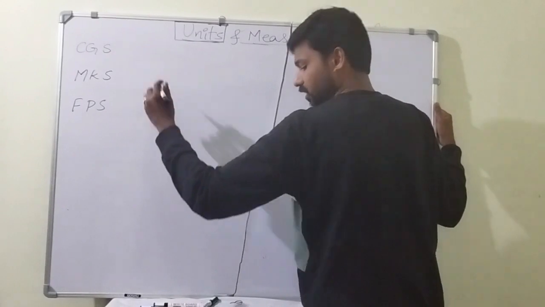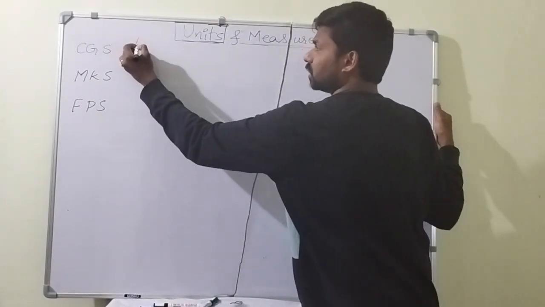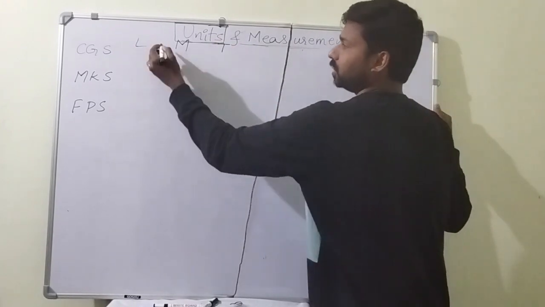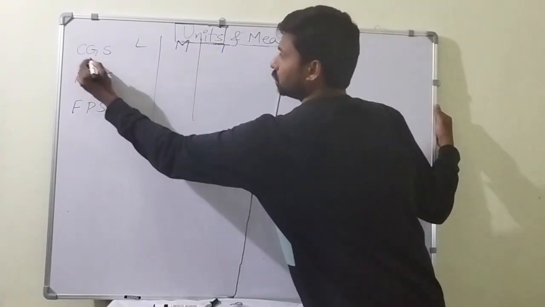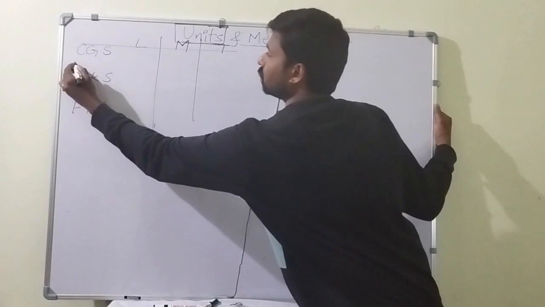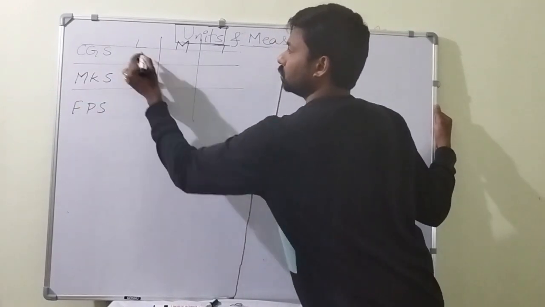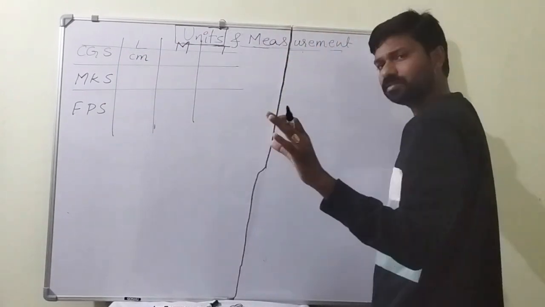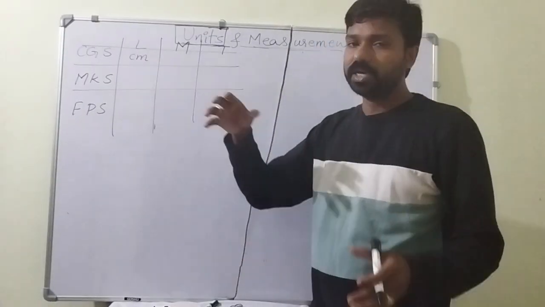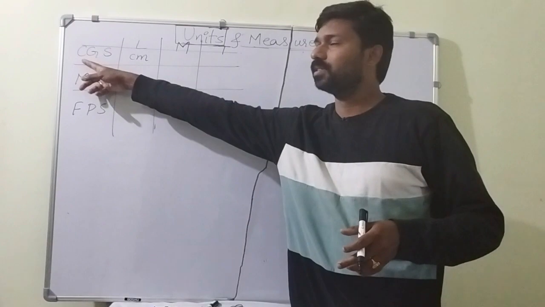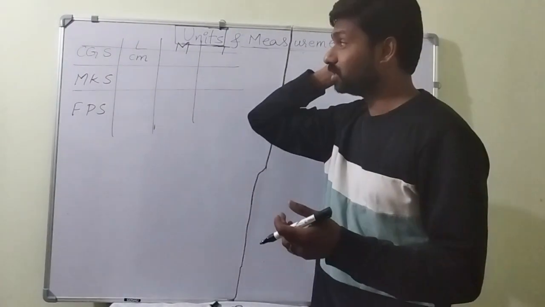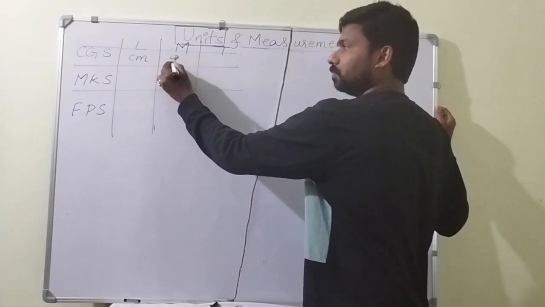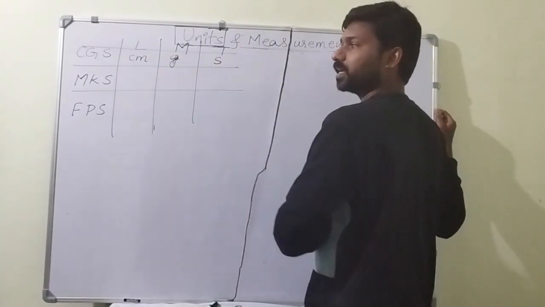where this is length, here mass, and here time. In the CGS system, length is measured in centimeter, mass in gram, and time in seconds.